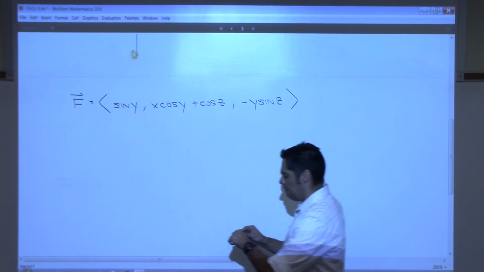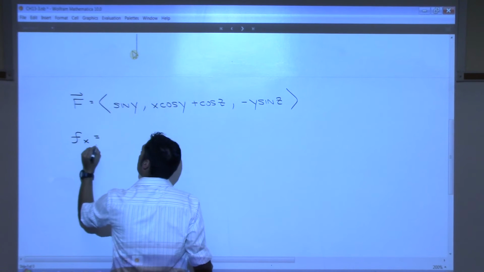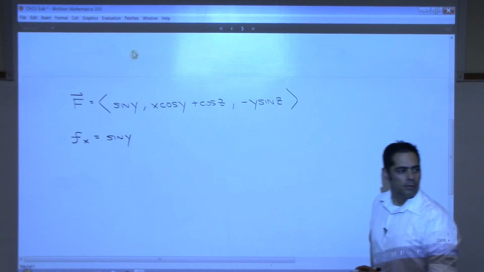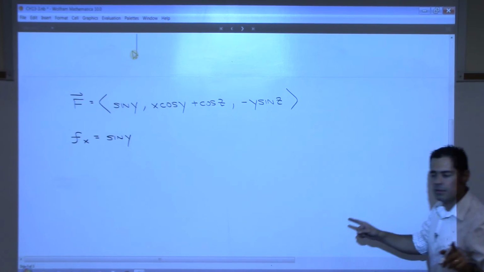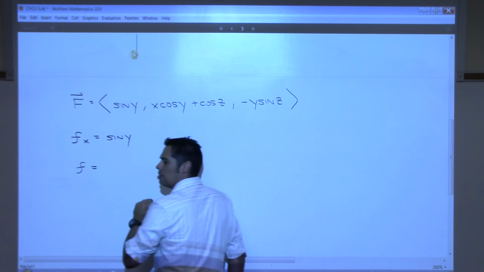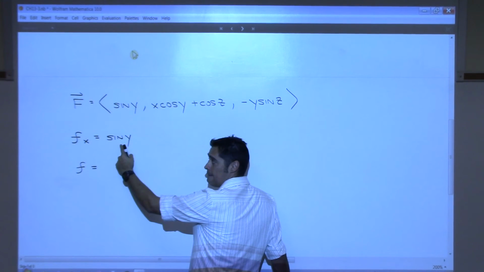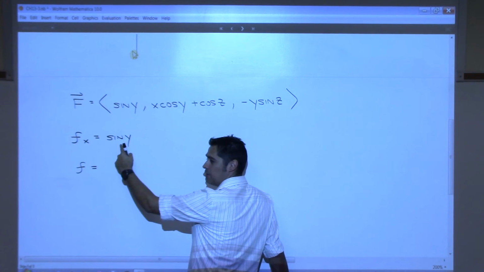Okay, I know so far that this must be sine y, right? Integrate both sides. Little f must be the antiderivative of this with respect to x, right?